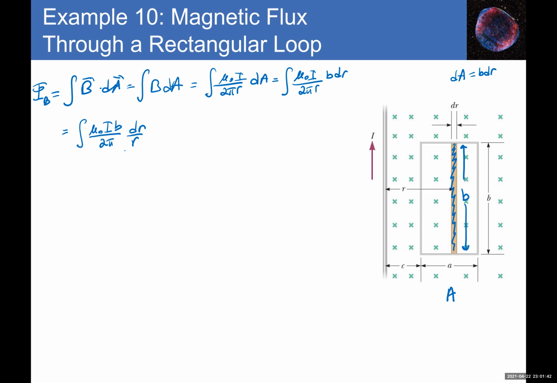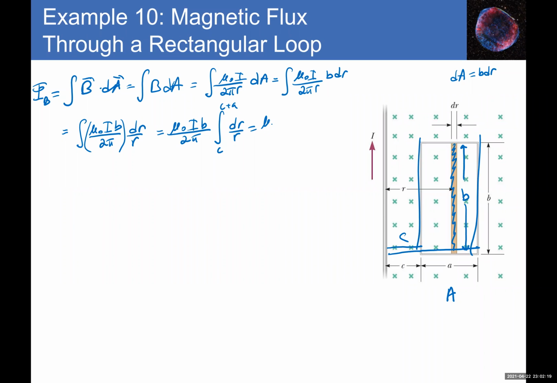So I end up with some constant times dr over r. That constant can come out, and the integral is in terms of dr over r. Then I can set up my limits. I'm going to be integrating from distance c all the way to distance c plus a, from this end to the other end.